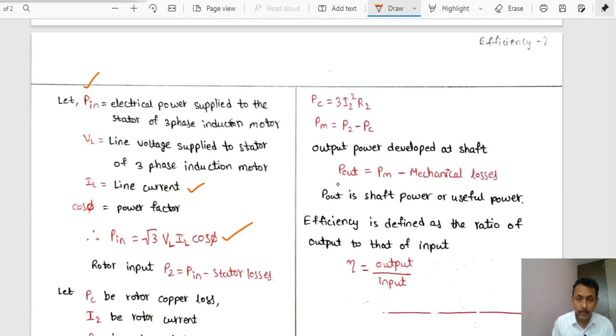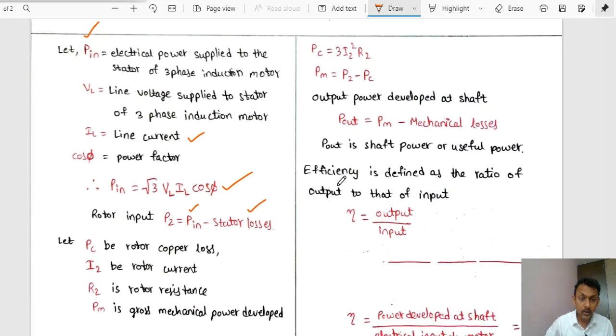Now out of this given input power, the entire thing will not go to the rotor, right? So here the input minus stator losses will be the power input to the rotor. This is very, very important. Simply to say, the rotor input is equal to the electrical input power minus stator losses. What are the losses that occur in the stator? Those are to be subtracted.